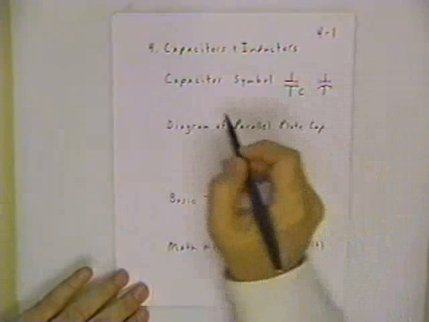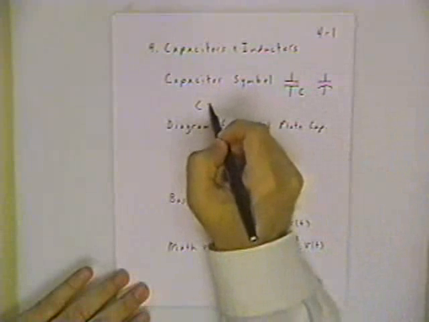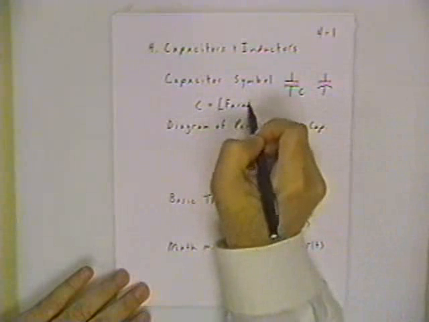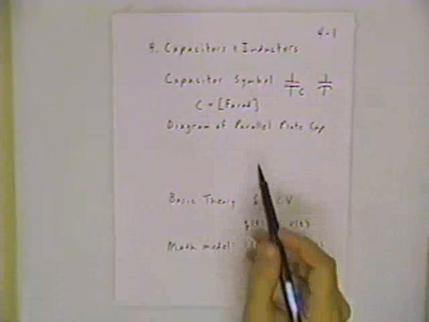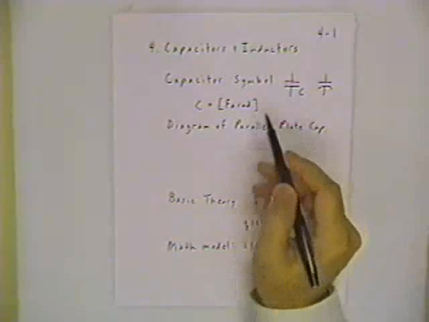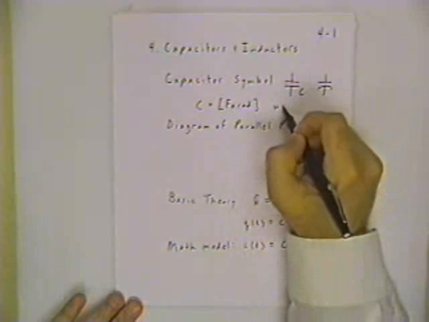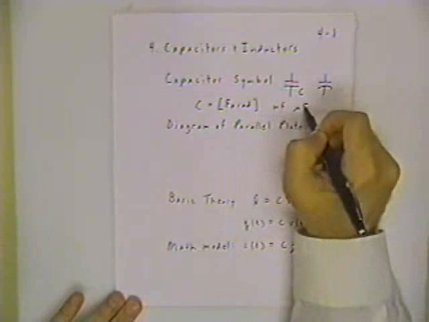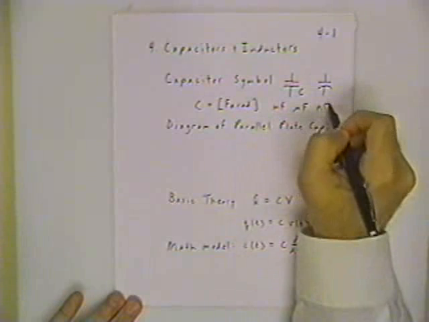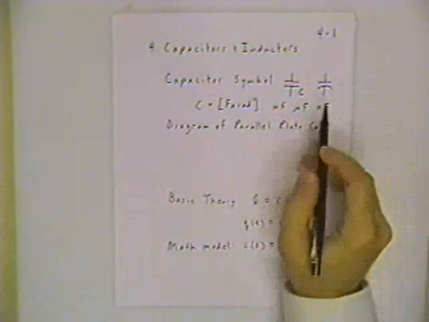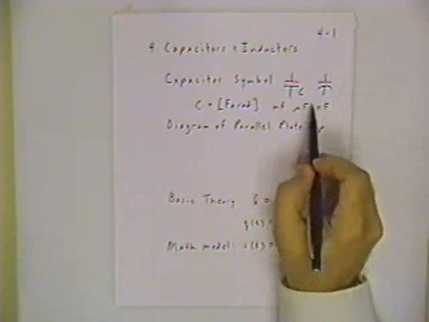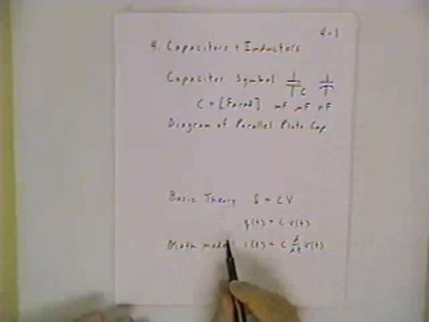Capacitors are labeled with C. Capacitance is measured in units of farads, or just capital F. Some of the common multipliers for capacitors are millifarads with an M, microfarads with a mu, and nanofarads: nano is 10 to the minus 9, micro is 10 to the minus 6, and milli is 10 to the minus 3. These are some of the more common multipliers you'll find.